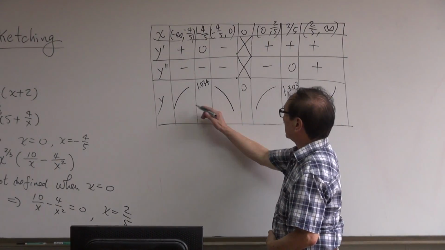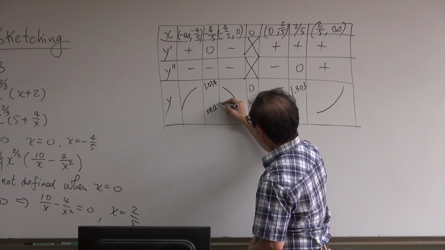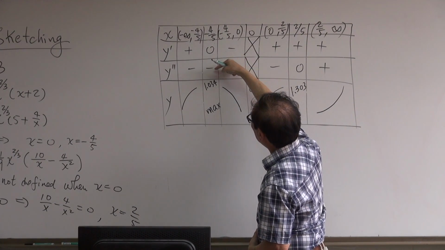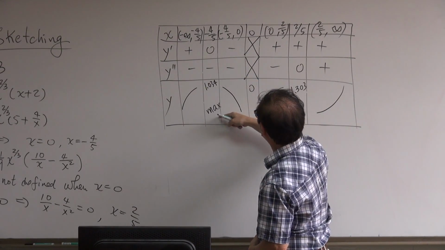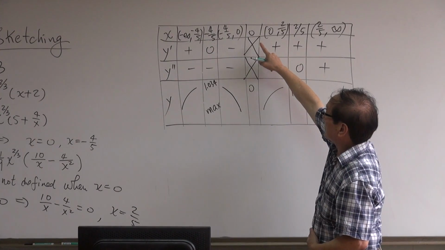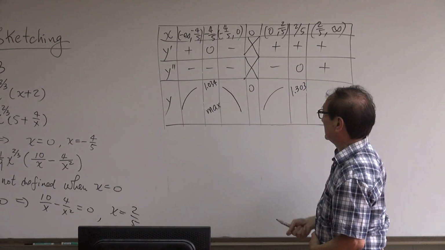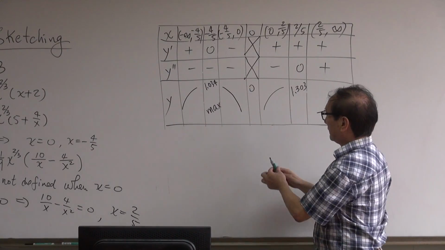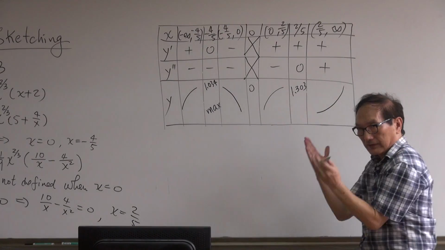And obviously we know that here it's increasing, decreasing, and this is a maximum. Or simply, by checking that the second derivative is negative and the first derivative is 0, it is a maximum. Here, the function is defined, but the derivative is not, because the left-hand gradient is not equal to the right-hand gradient.